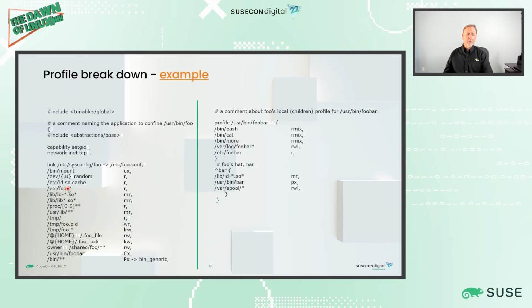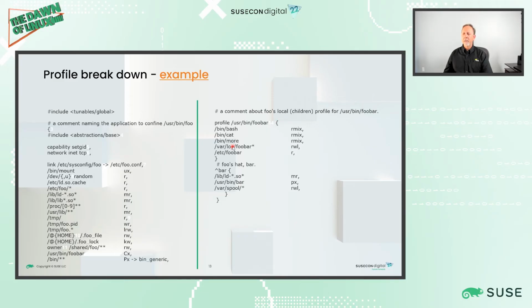But then I've got other wildcard references, /etc/foo/*, /lib/ld*.so*, lots of ways of referencing, for example, paths and files. And then the rights are listed right beside them. So this is very easy to read.